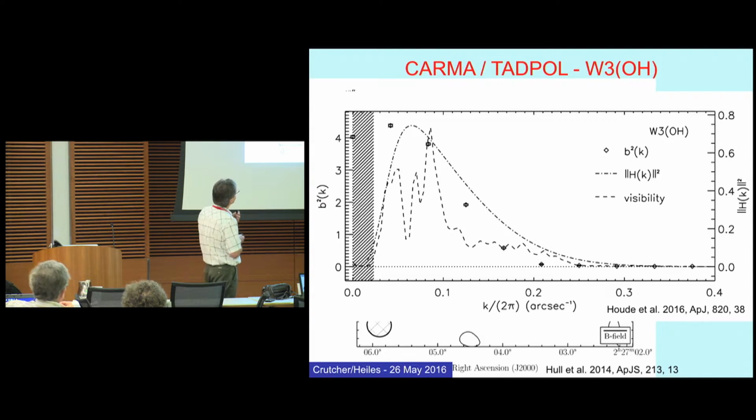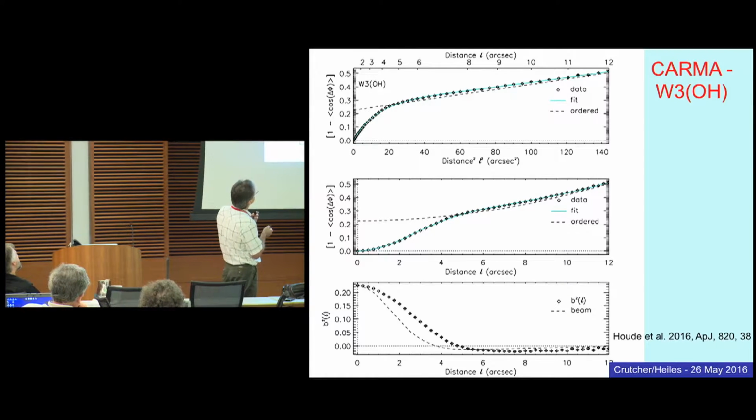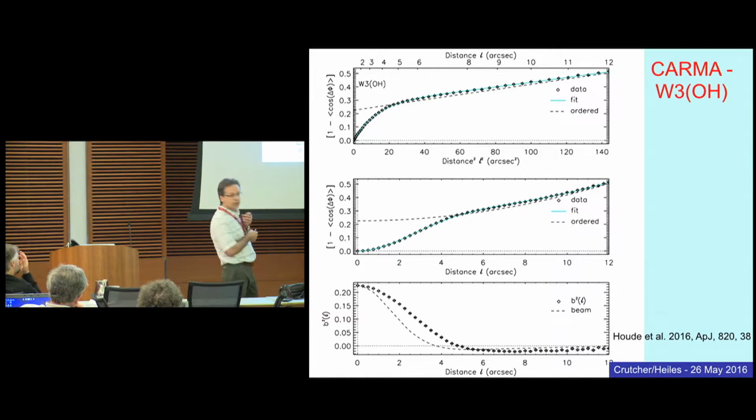So here's what I do. Again, the dispersion function is a function of the square of the lag. You see very well here the large scale component and the small scale component due to turbulence. The blue line here is the fit of the model to the data, which is very good in this case.